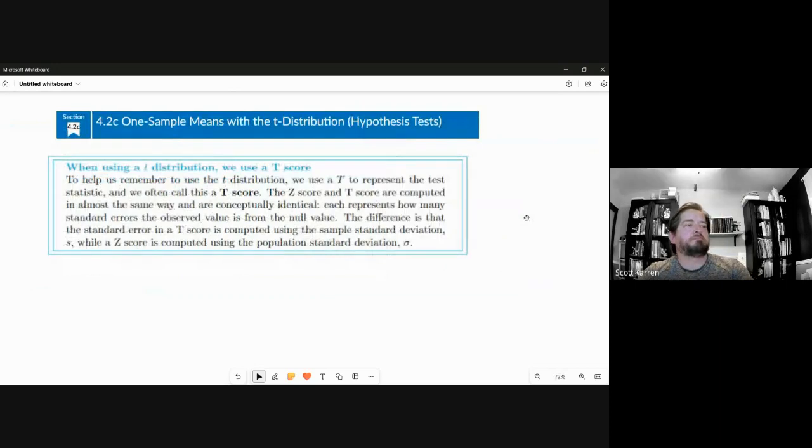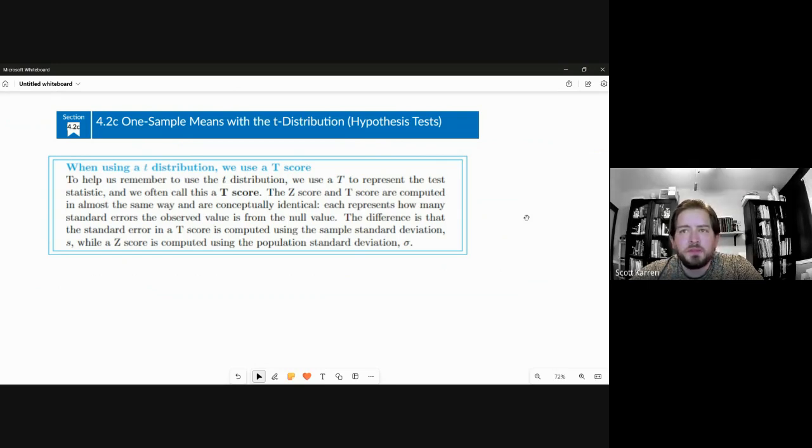So when using a t-distribution, we use a t-score. As if the letters, the Greek letters and things weren't confusing enough, the lowercase t is the distribution, the capital T is the score.